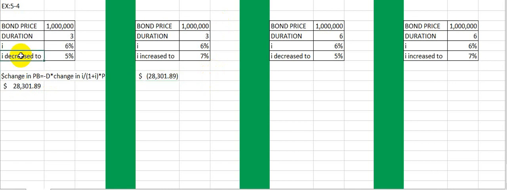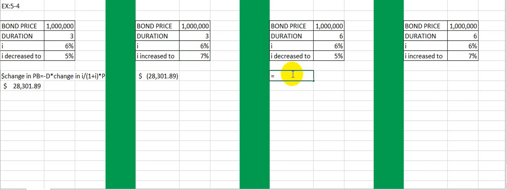In the first case, it was a decrease of 1%. The second case revealed an increase of 1%. Using the same formula too, but this time the duration for the bond is 6 years.